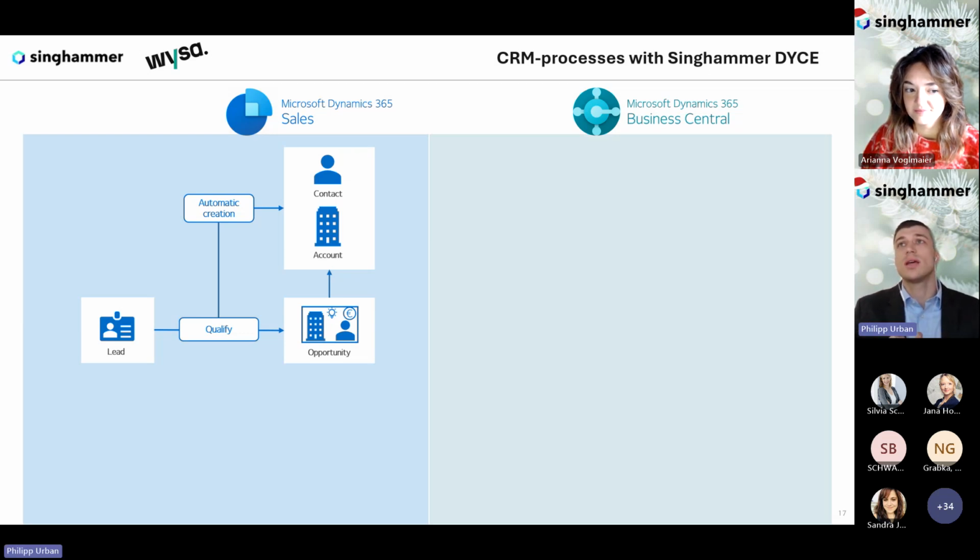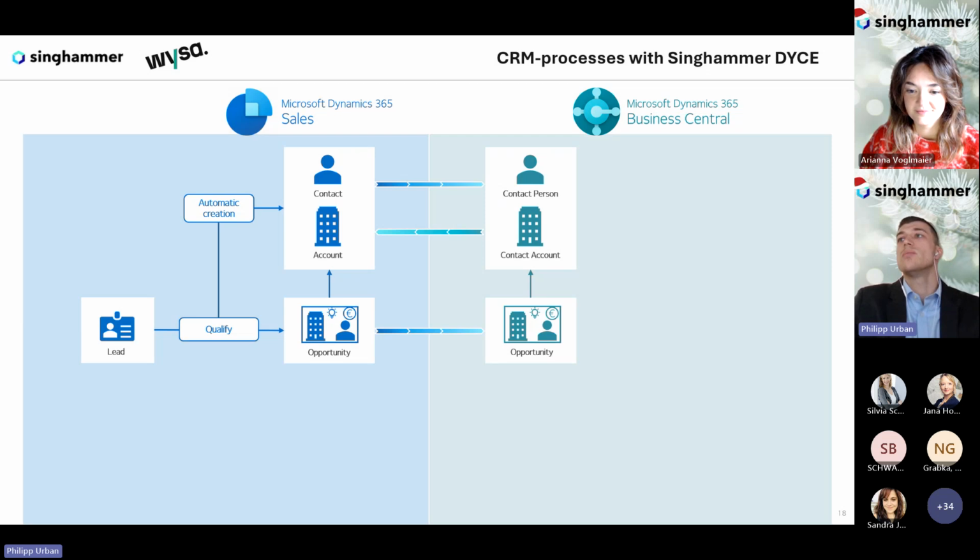An account data set is created and a contact is created. And now we can develop our opportunity and see, we might be ready to write a quote to our potential customer. Now we can sync our data right into our ERP system, where we have the whole logic and the whole functionalities for creating quotes.